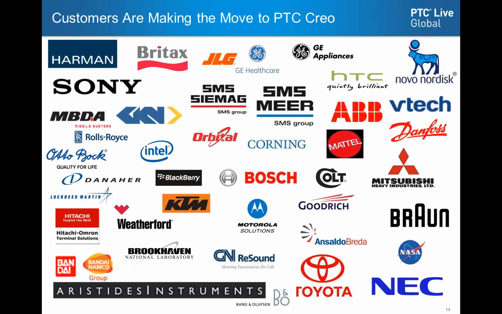So here are some examples of customers that have already moved to Creo 2. The point to make is that right now, the numbers are showing that over 50% of PTC customers have already moved to Creo 2, or have a plan to move to Creo 2 in the next 6 months.